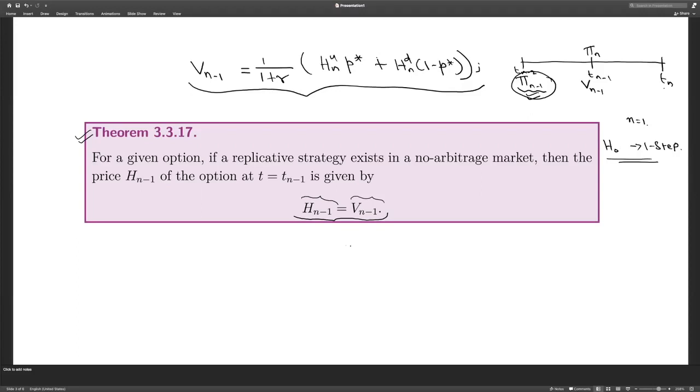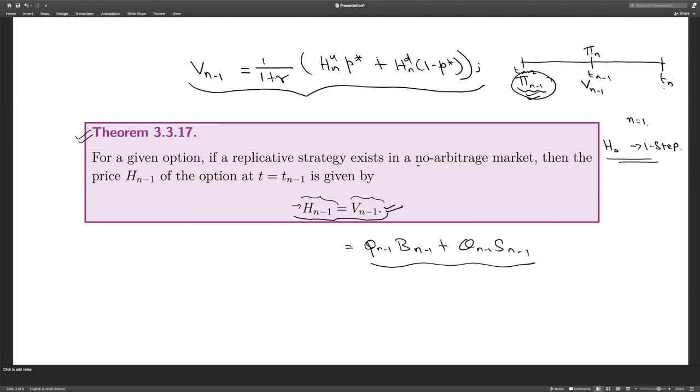You can take this as phi n minus 1 Bn minus 1 plus theta n minus 1 Sn minus 1. Okay, this is the actual definition of Vn minus 1 that you take as Hn, which is the price that you will pay for the option at the time Tn minus 1.